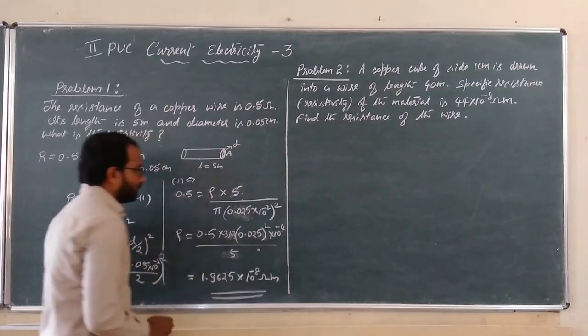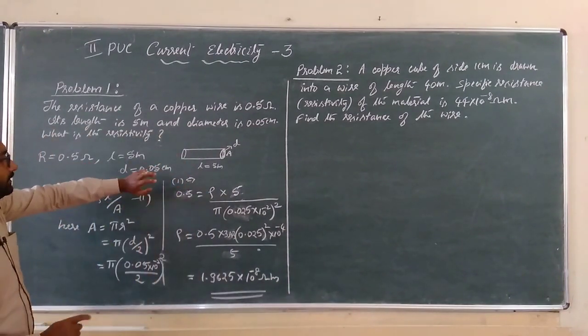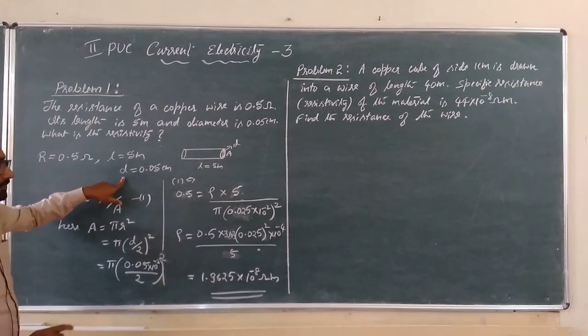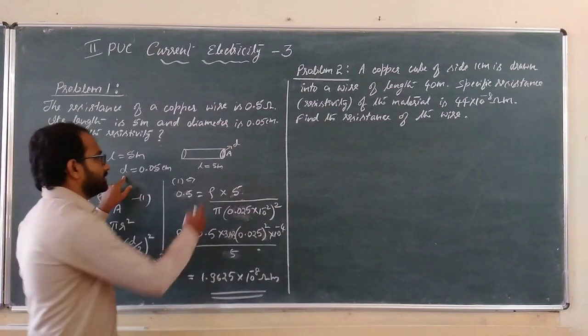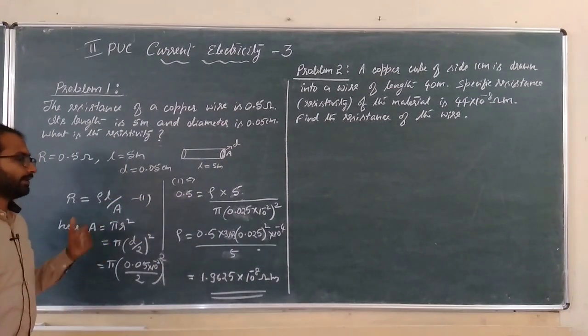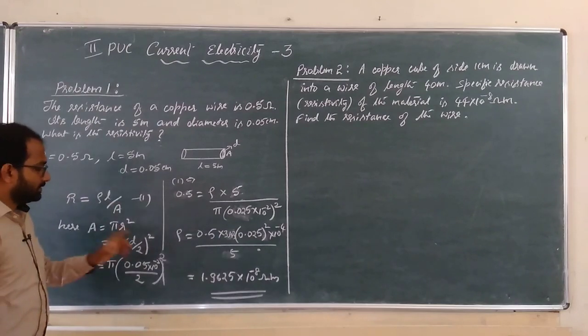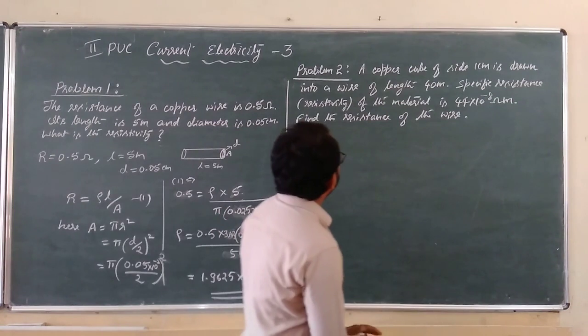See, you have to remember, A is not given directly. Instead D is given, the diameter of the wire. Since it has a circular cross sectional area, A is pi r square, where r is diameter by 2. Okay, so move on to the next problem.